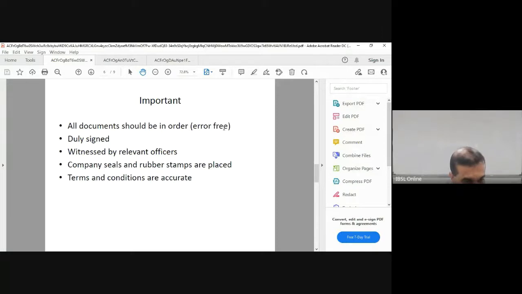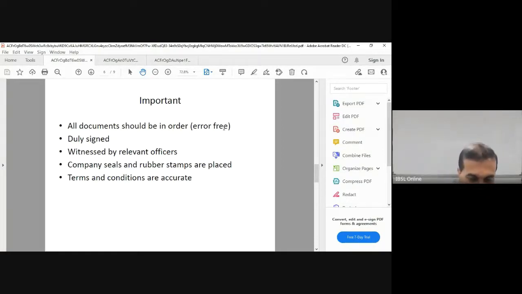So you have to be very careful when you take the documents, that they are in order and witnessed by the relevant officers. And there is a question here also: who should be the witnesses? Witnesses should ideally be the bank officers, not anybody else, because then the signature cannot be challenged. So if somebody has signed, it is in front of the bank officers.